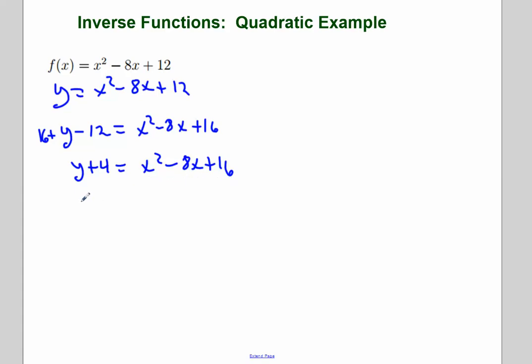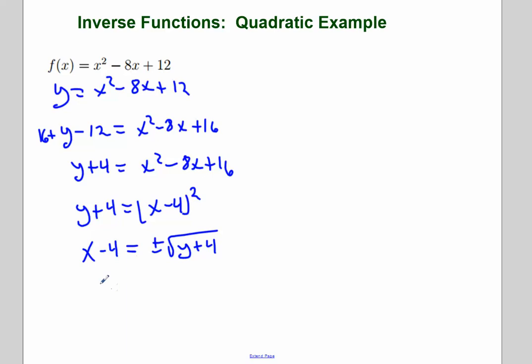I'm going to flip them back and forth. Well, I'll just keep it like this. So I have y plus 4 is equal to (x minus 4) squared. And I'm just solving the way I would normally do it. So I'm going to take the inverse, I'm going to take the square root on both sides. So I have x minus 4 is equal to plus or minus the square root of y plus 4. Get rid of that 4 right there.